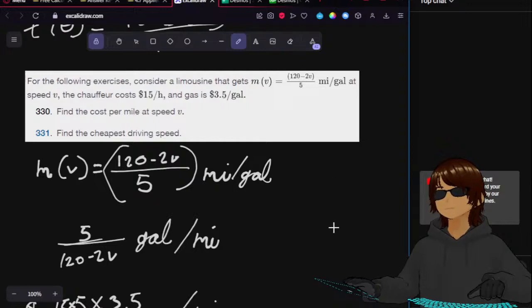So in 1 mile at speed V, it goes S hours. It goes these many hours.